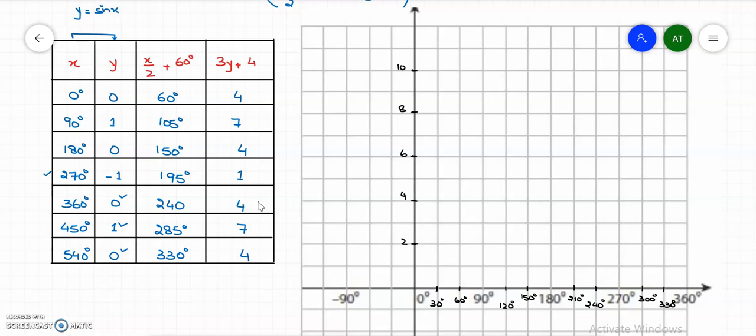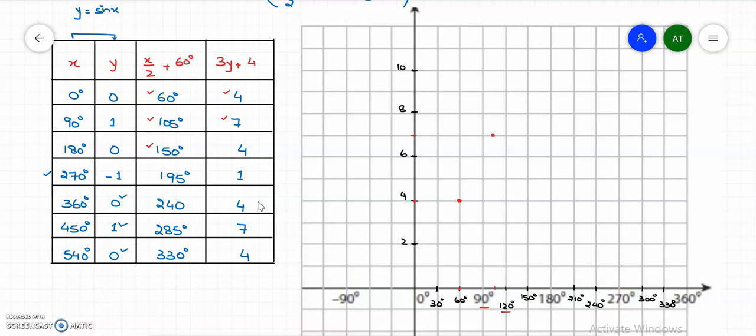When the x value is 60, the y is 4. So the x is 60 over here and the y is 4. This is the first point. When x is 105, the y value is 7. 105 lies between 90 degrees and 120 degrees, so that point is my second point, right?